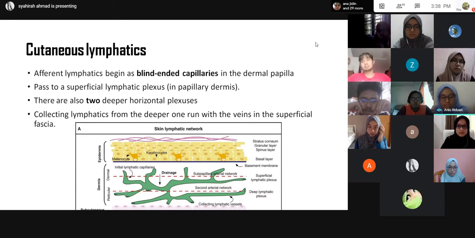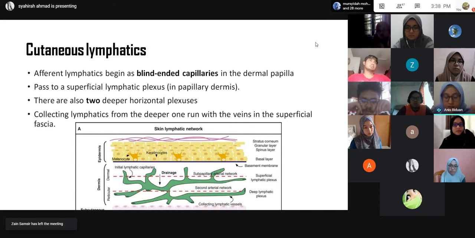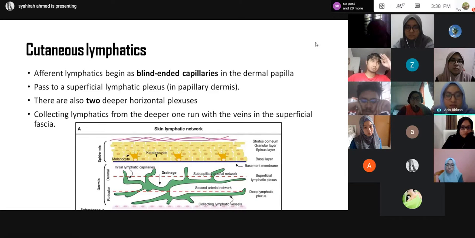And from this superficial plexus, it drains vertically into the deep lymphatic plexus. The collecting lymphatics from the deeper one run with the veins in the superficial fascia, but the lymphatic and the blood vessels never anastomose. Next.